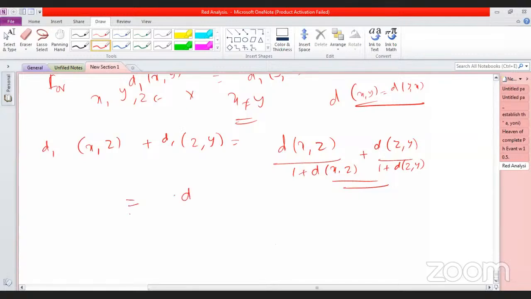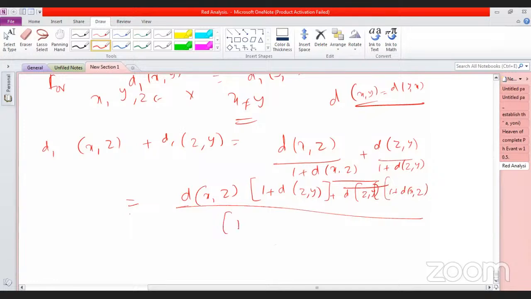Take the LCM and cross multiply: d of x comma z into 1 plus d of z comma y, plus d of z comma y into 1 plus d of x comma z, by 1 plus d of x comma z into 1 plus d of z comma y.